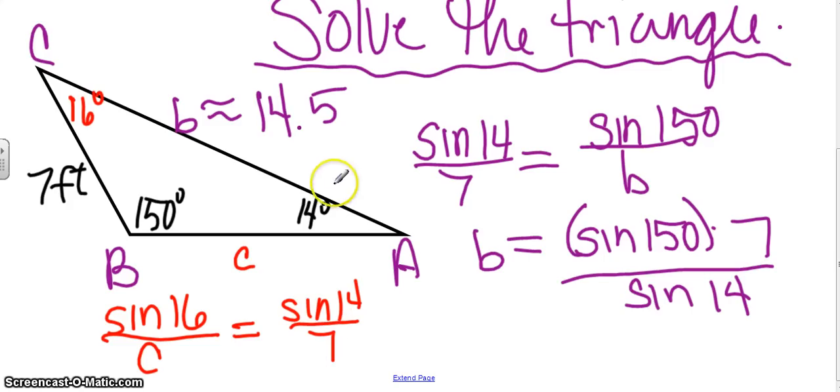Now I'm purposely using the sine 14 and the 7 because that was given in the problem. If I use the 150 and B as 14.5, this was a rounded value. So I'm going to get more accurate results if I use what was given to me, because those weren't rounded. So when I solve for C, I get C is about 8.0.